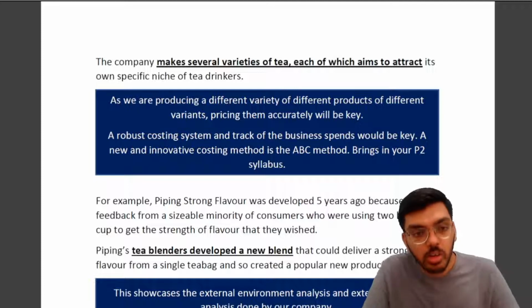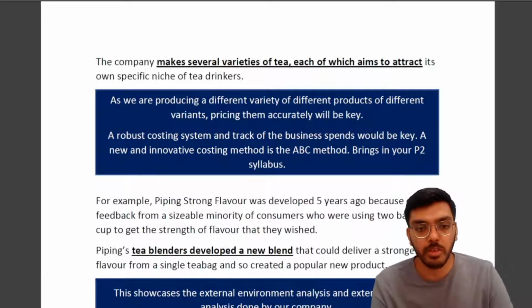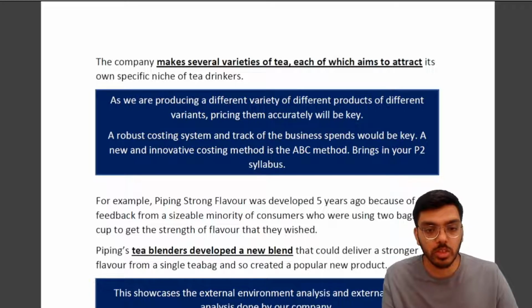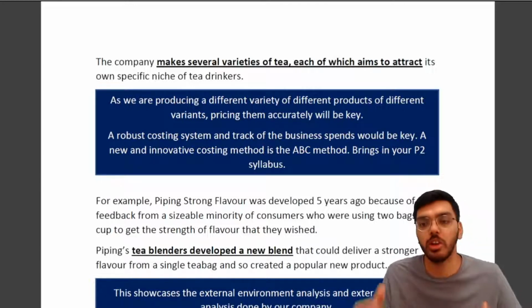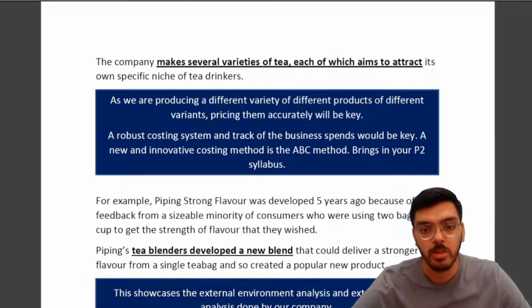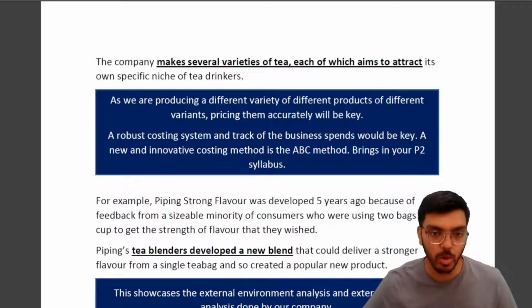For example, Piping's strong flavor was developed 5 years ago because of the feedback from a sizable minority of customers who were using 2 tea bags to get the strength of the flavor that they wished. So Piping saw this. They have a good external market analysis team. It's clearly showing this because they took the feedback. They saw this was something they needed to improve upon, and they did it.